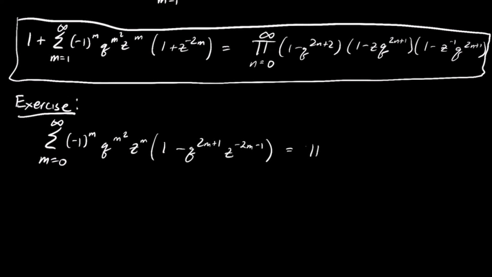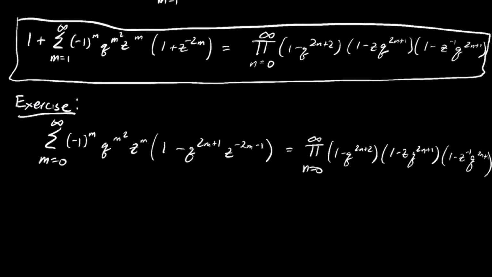And of course, this is just going to equal our normal product side. So 1 minus q to the 2n plus 2, 1 minus z q to the 2n plus 1, and 1 minus z inverse q to the 2n plus 1. All right, so this is just our normal product side.